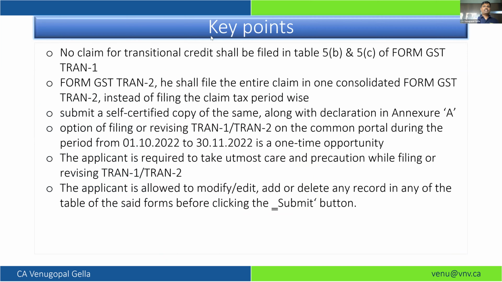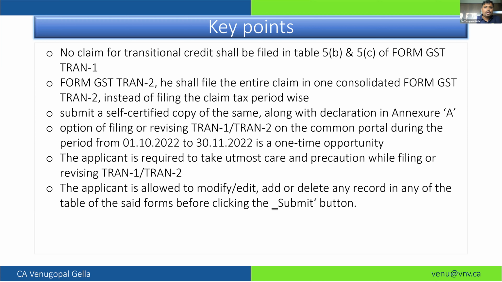Some important points which I want you to make note of. Firstly, as I said, in the transition return, your table 5B and 5C, which relate to your forms, are not editable. Second, for form Tran 2, the entire claim. Earlier, Tran 2 was supposed to be for 6 months.